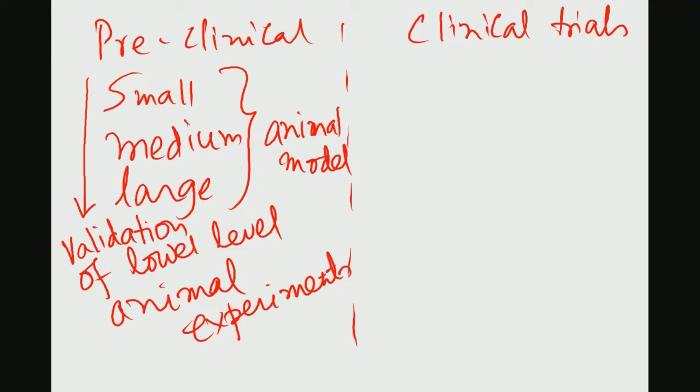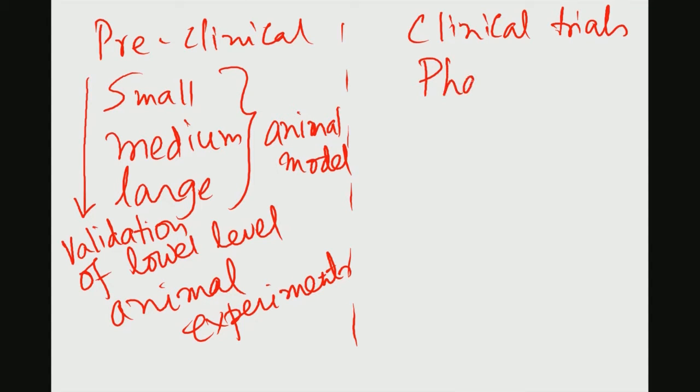For example, going from rabbit to dog, animal ethical committee approval would be more difficult. Going from dog to monkey, it would be even more difficult, because you are now carrying out experiments with primates. In case of primates or larger animals, approval would be much stricter.